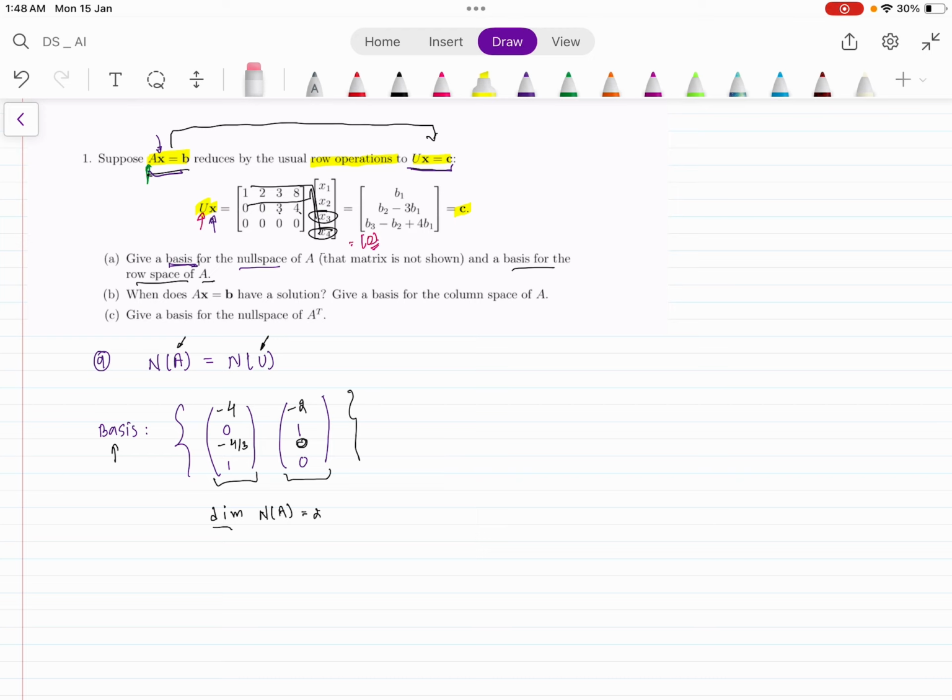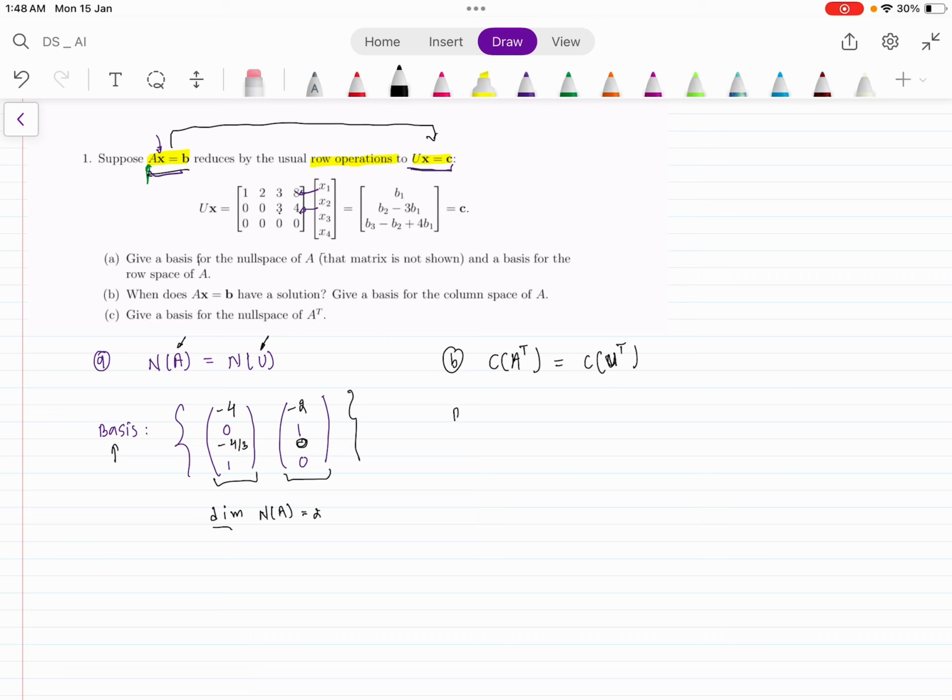So if we know the row space of U, then we know the row space of A. So these two rows form the basis of the row space of U. So the B part is that the row space of matrix A will be equal to the row space of matrix U, right?